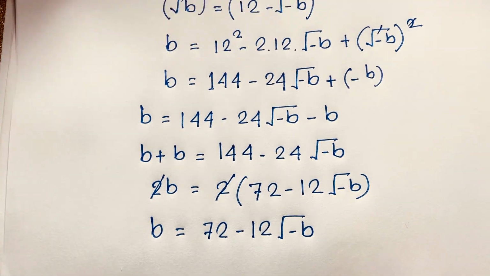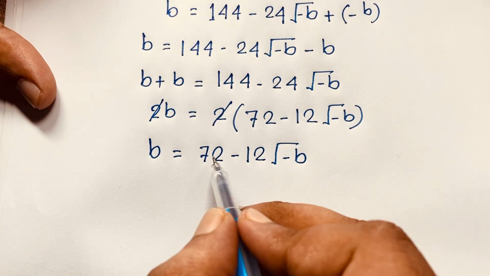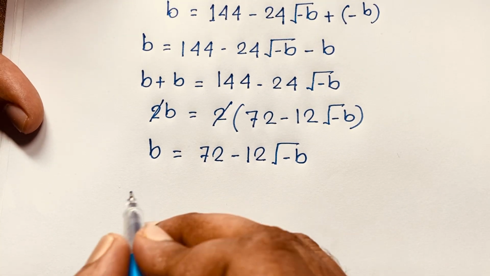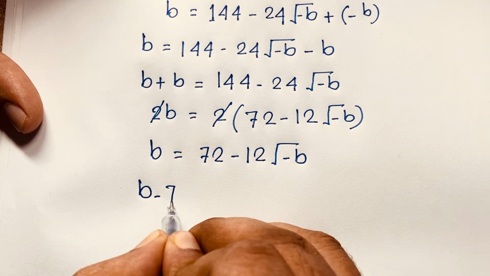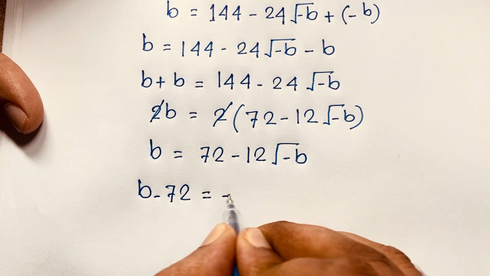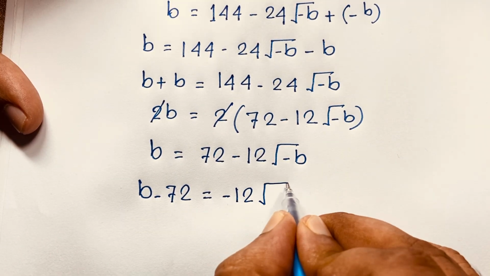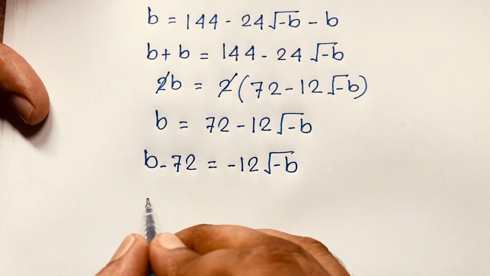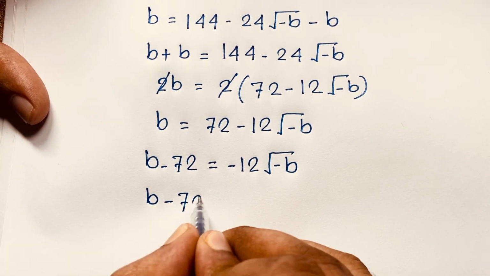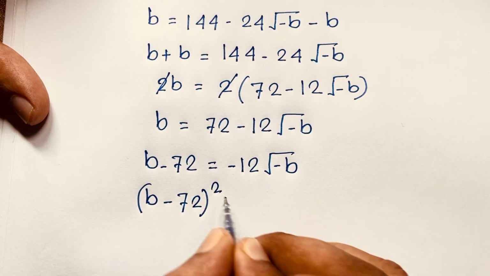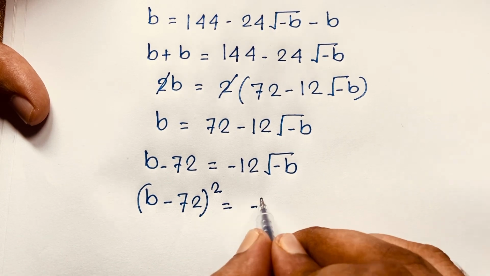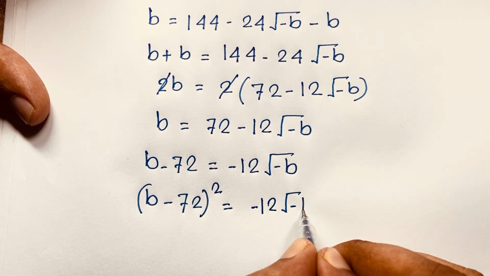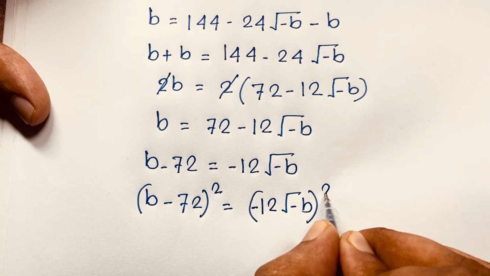Now at this moment I move this 72 to this side, it will be negative, so b minus 72 is equal to minus 12 square root minus b. Now I use both side whole square, so b minus 72 whole to the power 2 equals minus 12 square root minus b whole to the power 2.